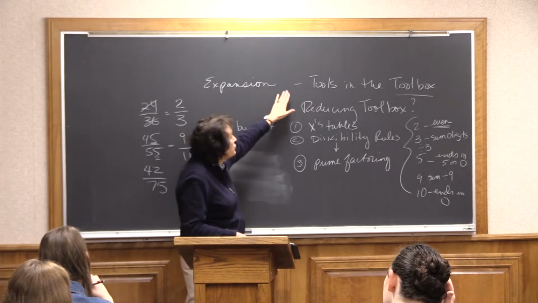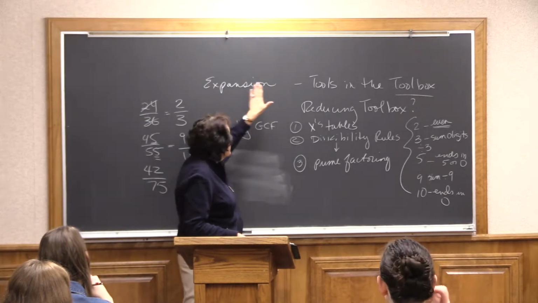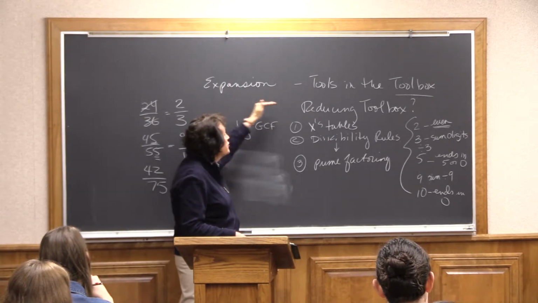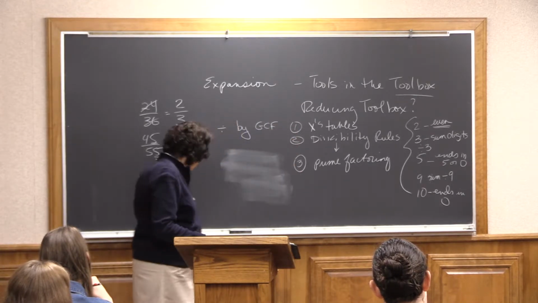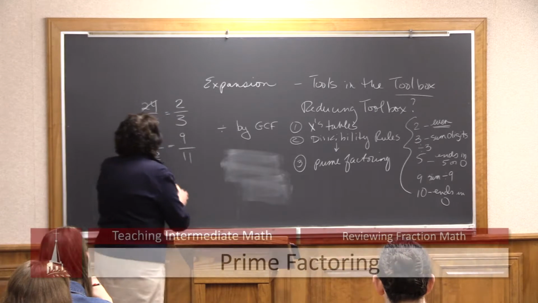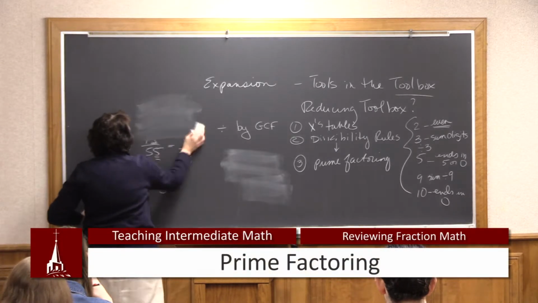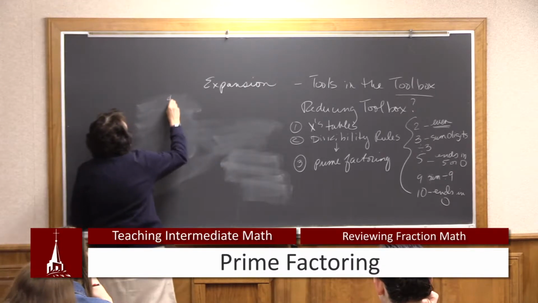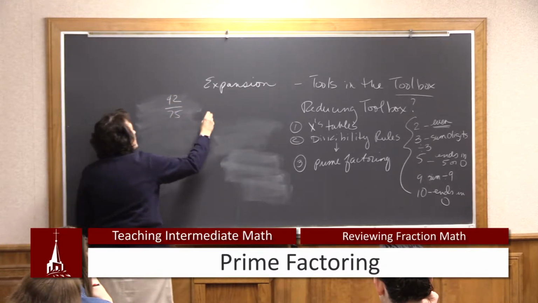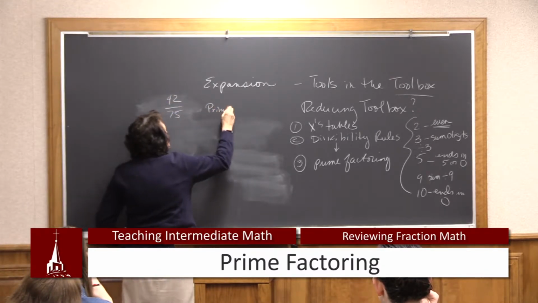That's why, when we're teaching procedure, especially when we're expanding procedure, we want to be giving them more tools in their toolbox. So prime factoring, get rid of these. Prime factoring, and come back to this guy, prime factoring is an important intermediate skill.